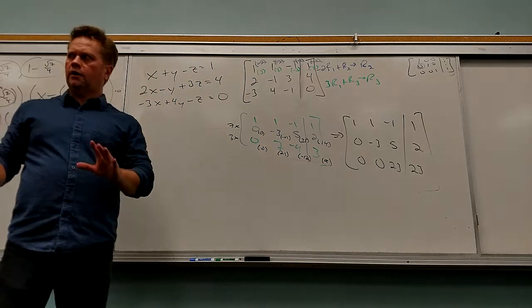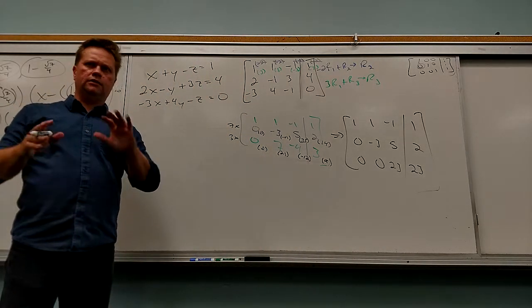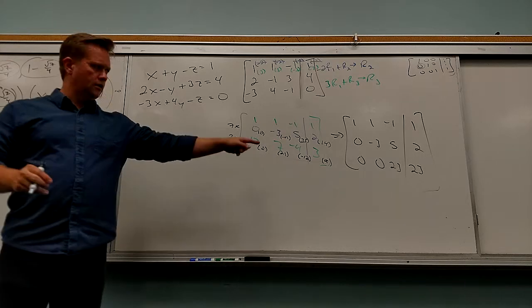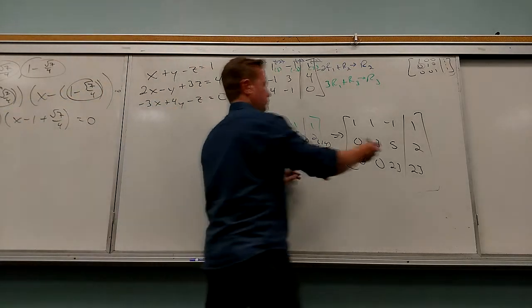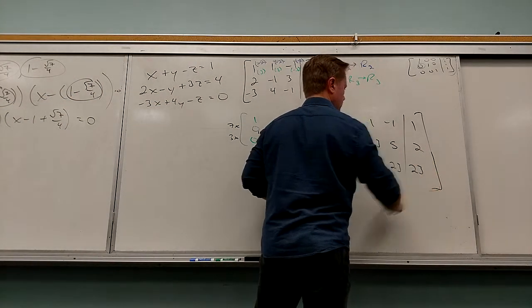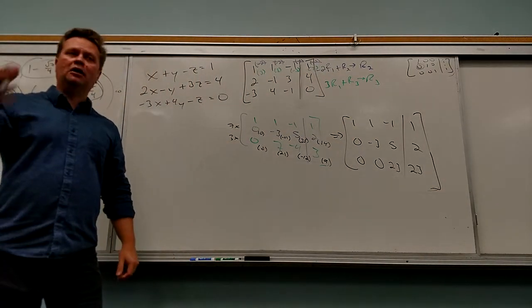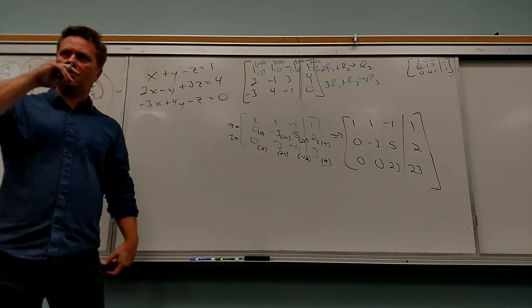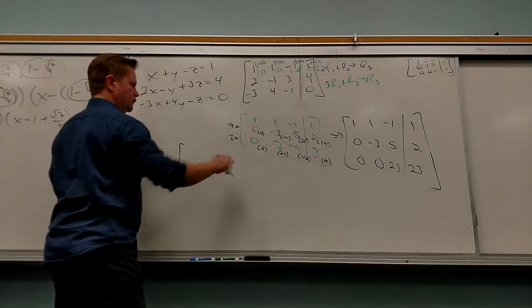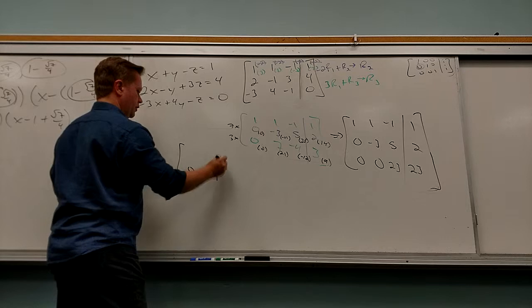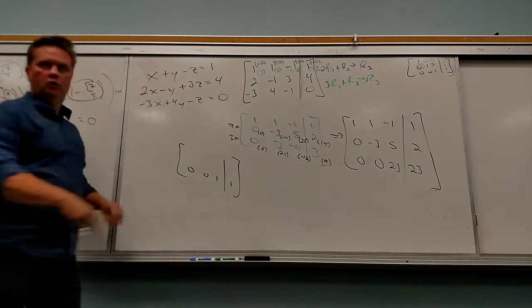Now, here's something I don't know if I made any big deal out of at all, but what can I do now in that last row? Yeah, and in doing that, I'm making a 1 in that last column. So if I divide that last row by 23, that's what the last row becomes, right?